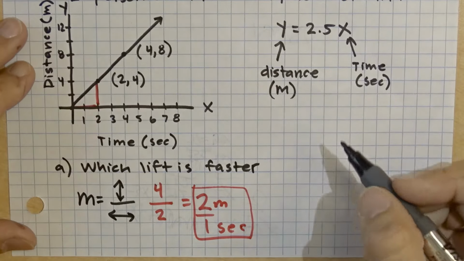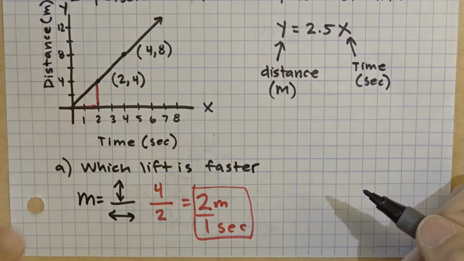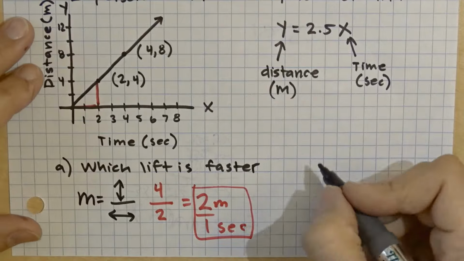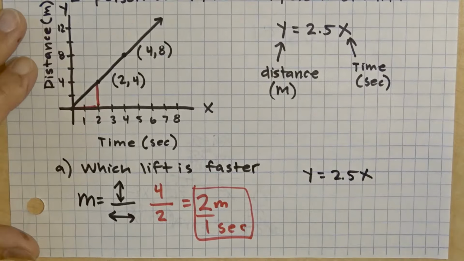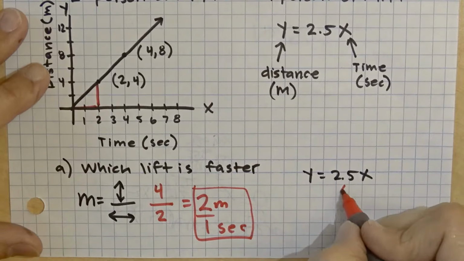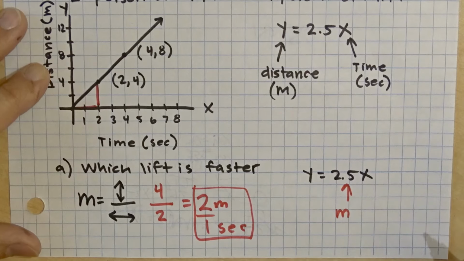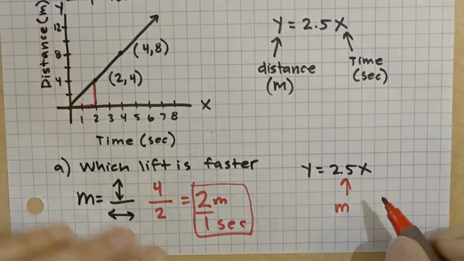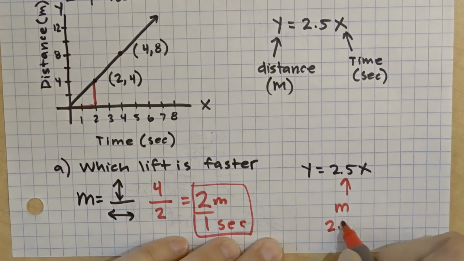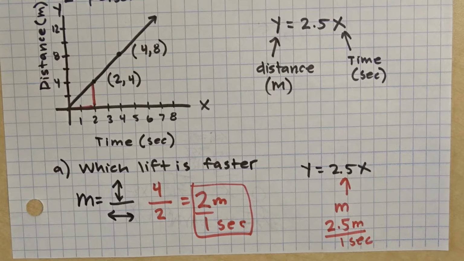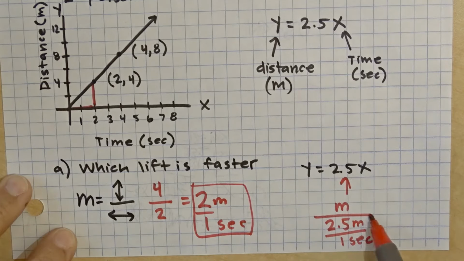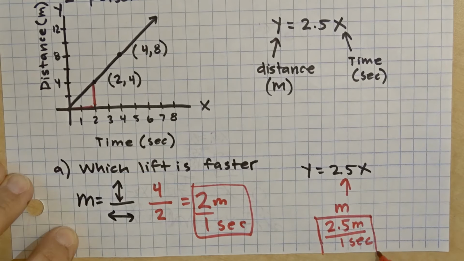And now I want to find the rate for the 4-person ski lift. Well, if I'm given an equation, and remembering that this is your m, that's your slope. So I can already say that that's my unit rate. The slope is the unit rate. Because of the way it is in the equation, that is my unit rate.